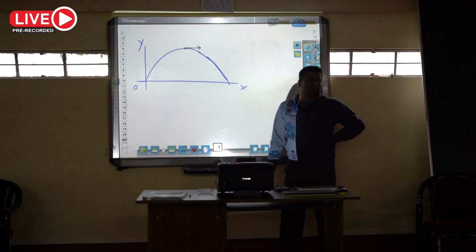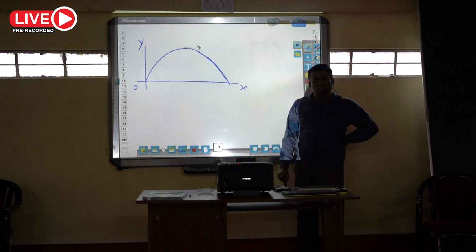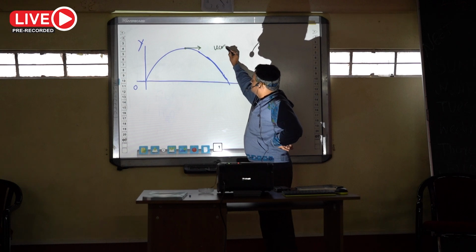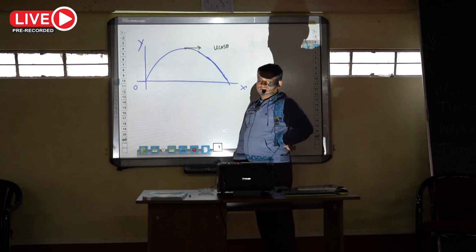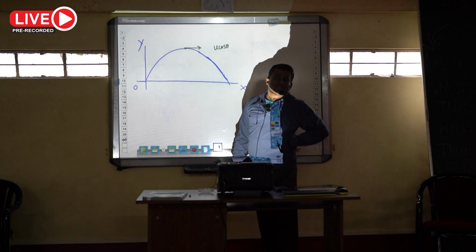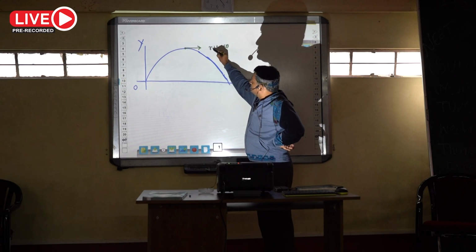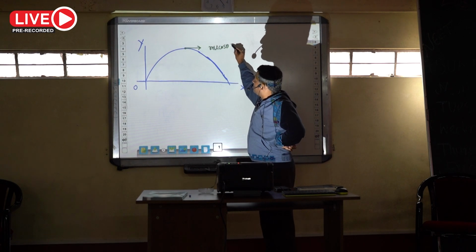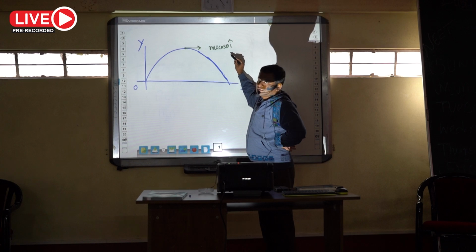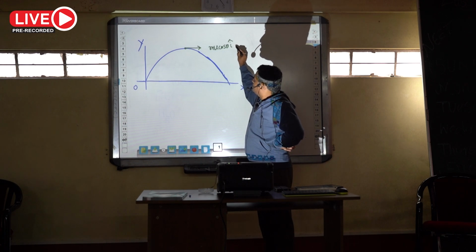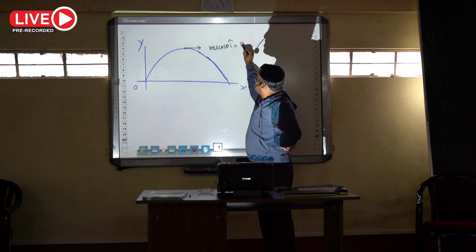what is its velocity? u cos theta. Then what is its linear momentum at this point? m u cos theta, and direction i cap. So that is the linear momentum vector, which is denoted by p vector.